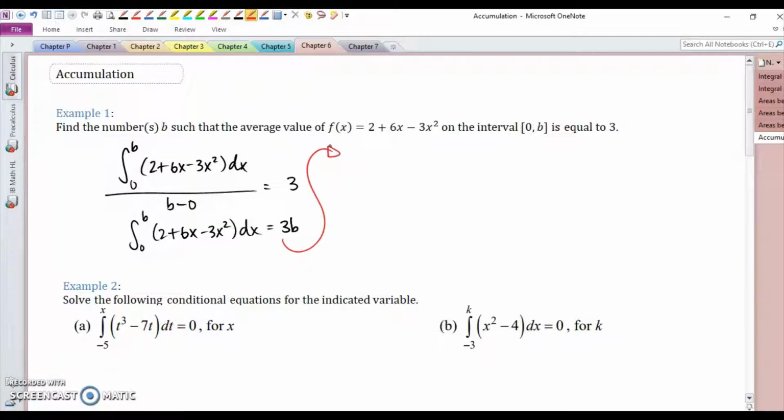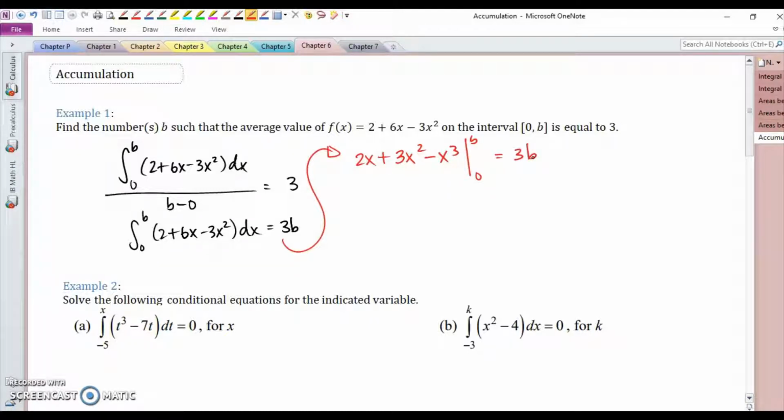So if I integrate that from 0 to b, let's go up a power, so that would be 2x. Let's go plus, and then we go up a power and divide, so that's 3x squared. And then we go up a power and divide, so minus x cubed, evaluated from 0 to b. Now that is equal to 3b.